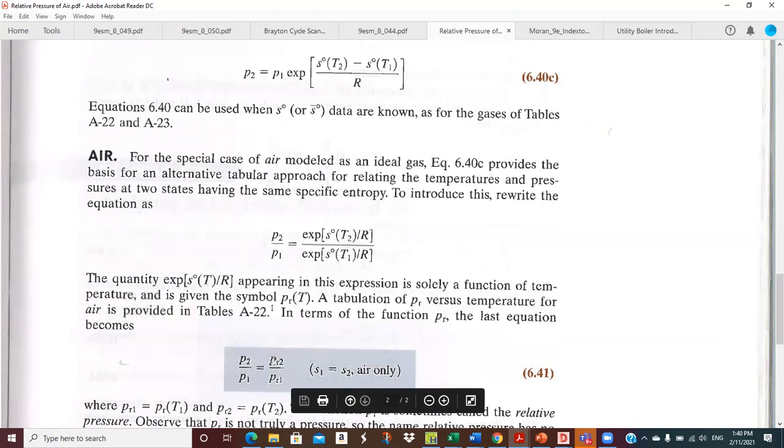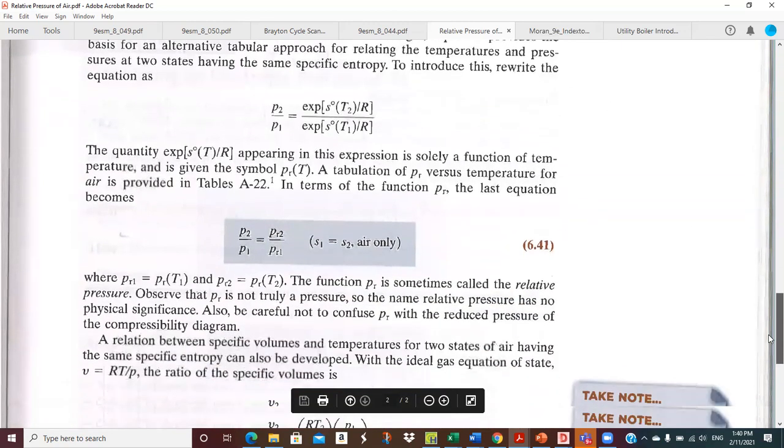And it's given this name PR2. So this is the definition of PR2, and the one on the bottom is the definition of PR1, and they're solely functions of temperature, okay? Because the S superscripts are only functions of temperature, and R is a constant, so they're all functions of just temperature.